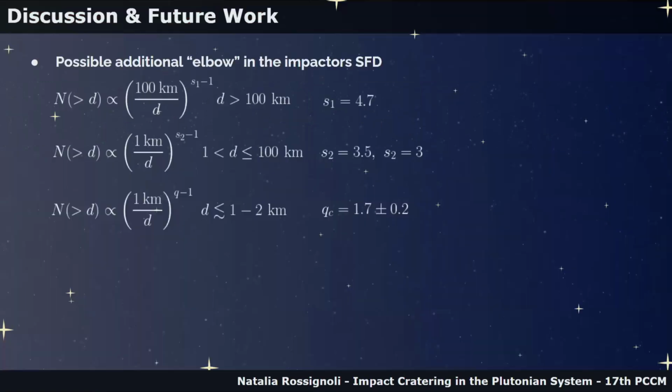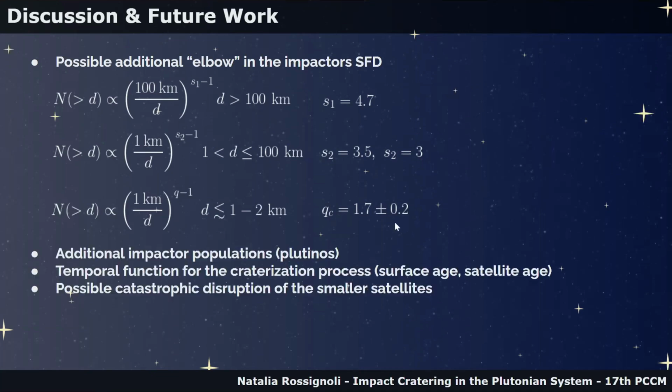So as a conclusion and discussion of this work and future work, we are seeing that it may be important to keep on studying what is this possible new elbow or break in the impactor distribution. And of course, explore additional impactor populations of the Plutonian system, apart from the scattered disk objects. It could be Plutinos, for example.